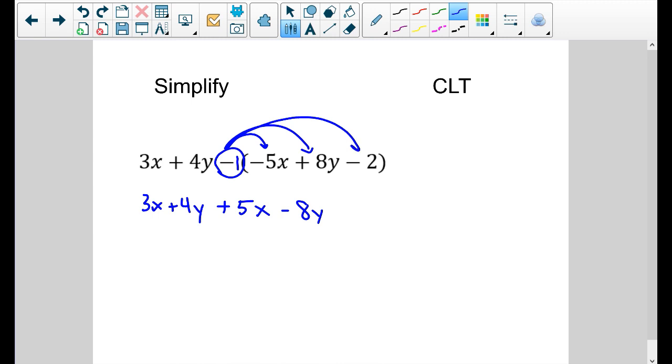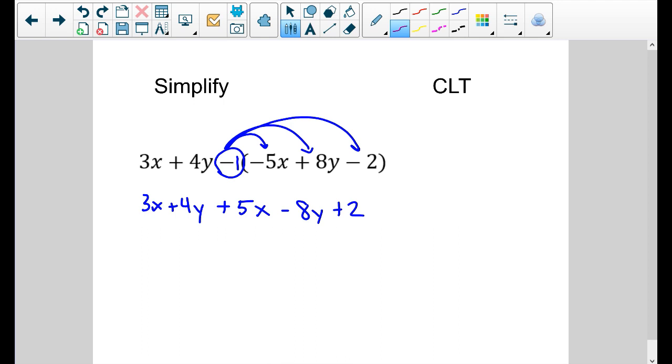And a negative 1 times a negative 2 is a positive 2. Now that we have all addition, or subtraction, which is the same as addition, we can use, and we don't typically do this, the commutative property. We can change the order. That's what I do whenever I'm simplifying these. Usually we don't write it out. I'm going to write it out this time.